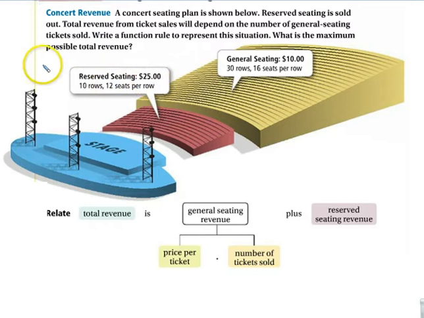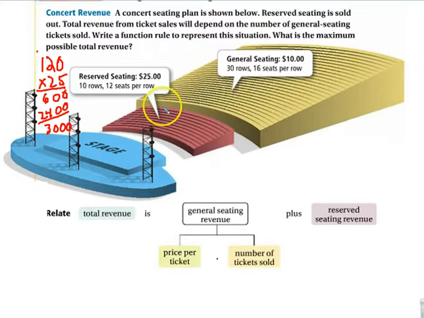So that's 120 tickets times 25, which is 3,000.